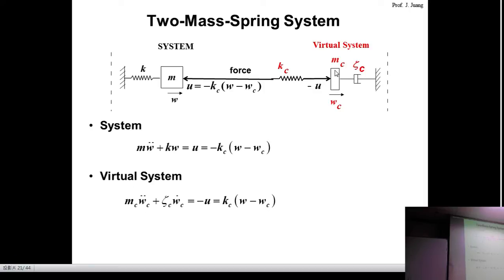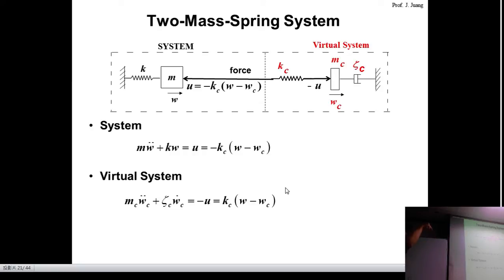So there's a virtual system like this in here, minus U equal to Kc parentheses W minus Wc. And this virtual system is the system that is embedded in the computer.